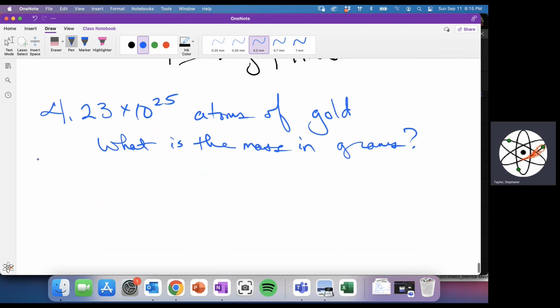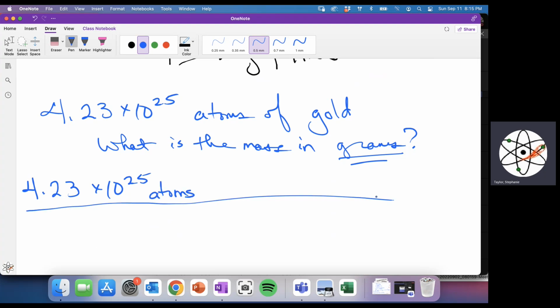So again, I have the word atoms, and that really is going to be one of my keys. Also the fact that I'm going to grams, because if I'm going to go to grams, I need the periodic table. And so that's how I'm going to get there. So I'm going to go from atoms to moles.